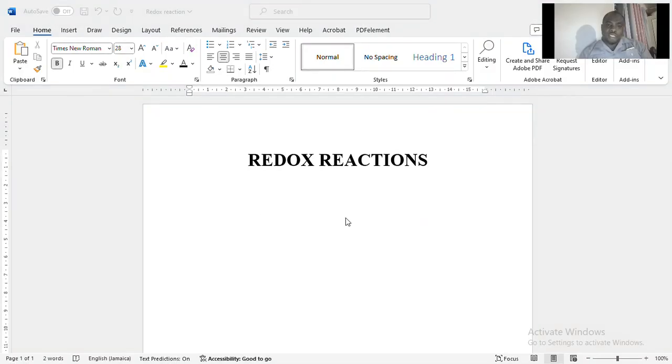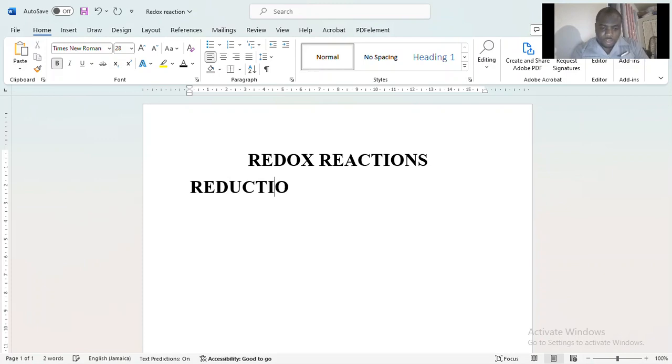All right, so redox is the shortening, as Janae said. Redox is basically the shortening for reduction and oxidation. When we talk about redox reactions, we're basically going to have reduction and oxidation, or if we want to say oxidation and reduction.